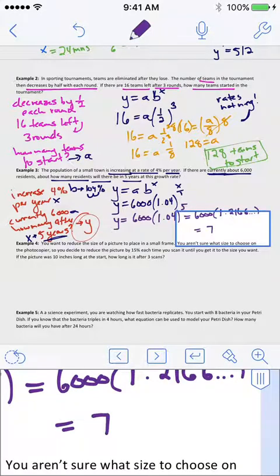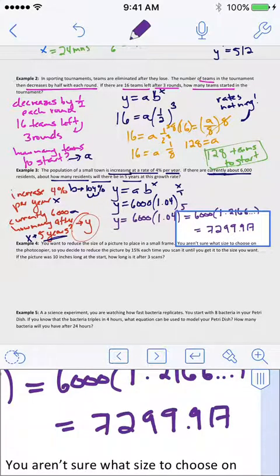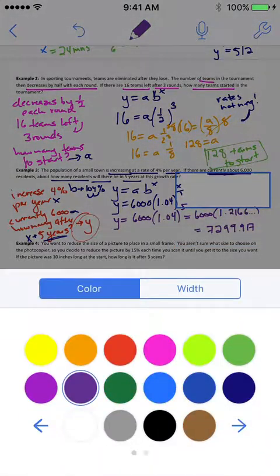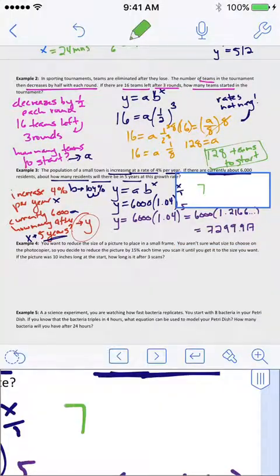You end up with about 7,299.917, which doesn't really make much sense when you're considering a population. So when I translate back, I'll call it, let's see, round up, 7,300 people.